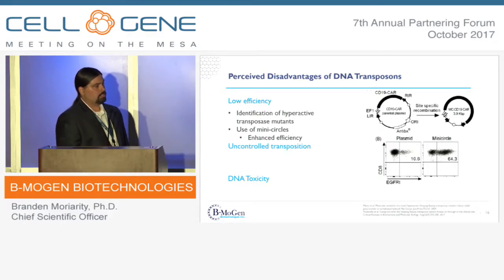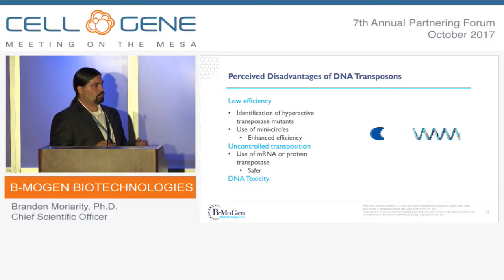You can see here almost 60% stable gene transfer in T cells. Another concern is uncontrolled transposition or integration of the vector and then remobilization and integrating again. But actually, this is largely mitigated using mRNA or protein enzymes because they get turned over really fast, so you get your integration event, and then the enzymes dissipate very rapidly.